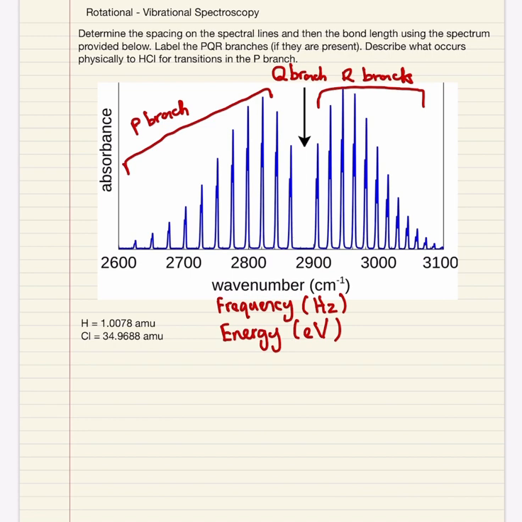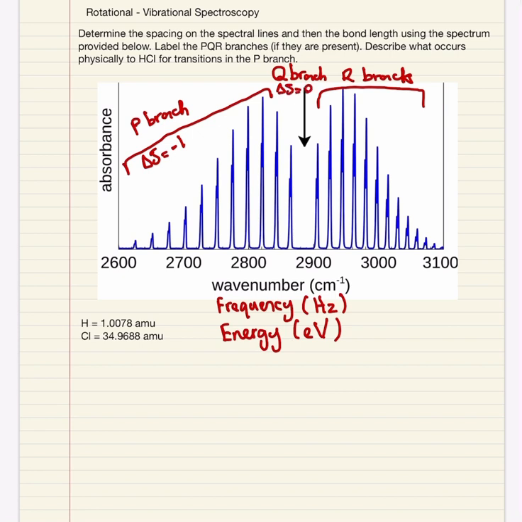These are rotational transitions and vibrational transitions. For the P branch, the rotational quantum number change, ΔJ, is equal to -1. For the Q branch, if present, ΔJ is equal to 0.